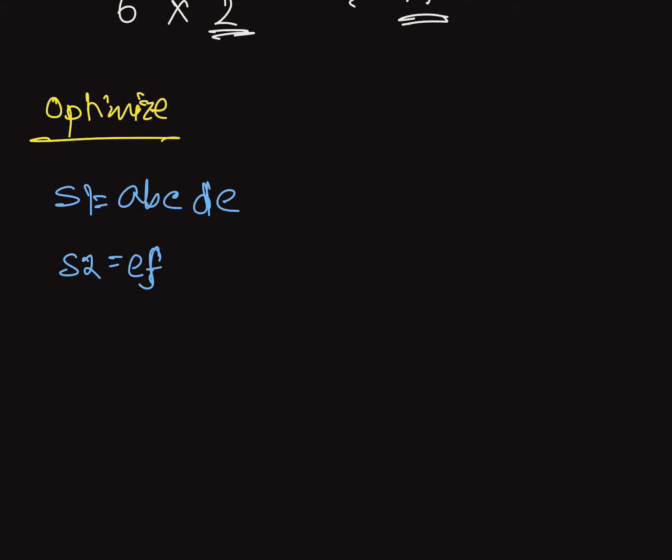Now how can we optimize this for this situation? If I do the left to right traversal for both the strings, first of all our current character is E for string 2. So from string 1 what character do I have to choose?